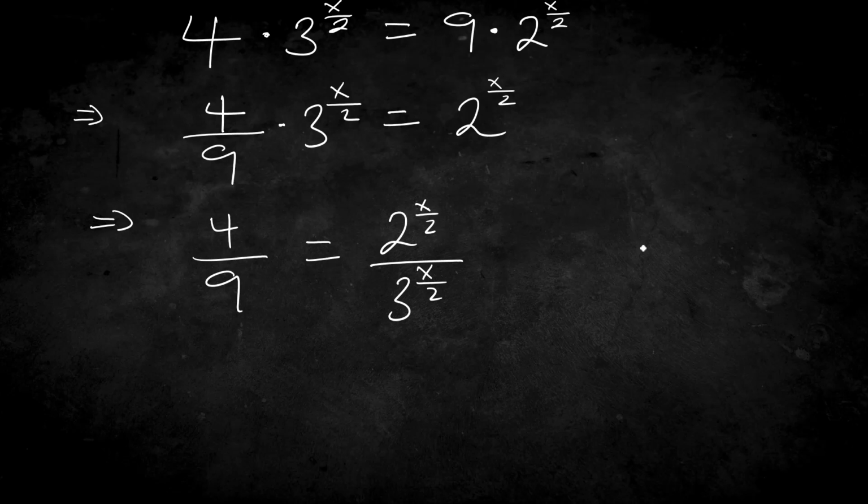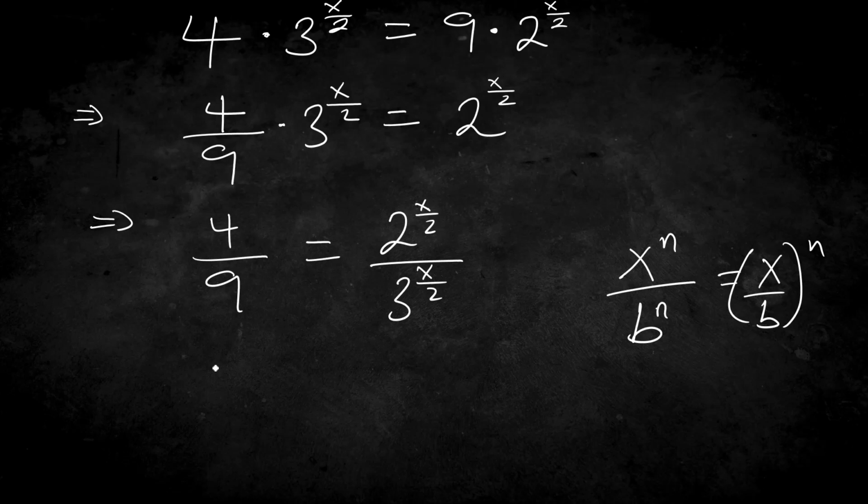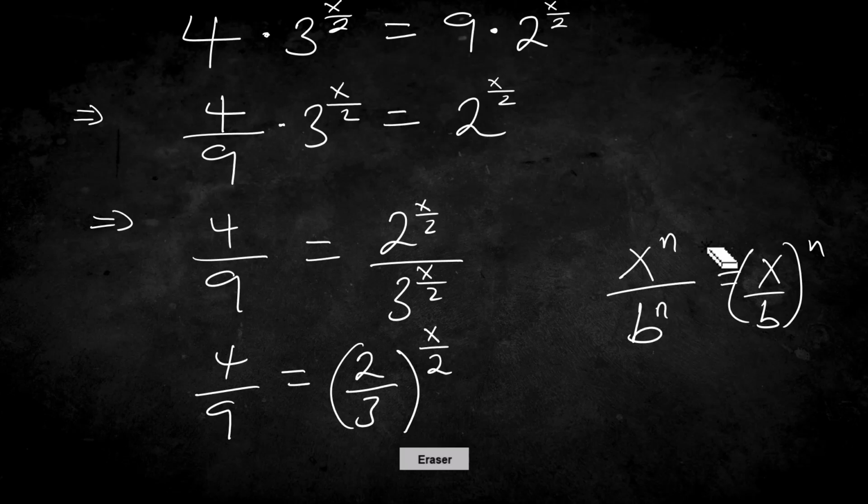Now when we're given a^n over b^n, the powers are equal, so we have (a/b) all raised to n. So we have 4/9 equals (2/3) raised to x/2. As simple as that.